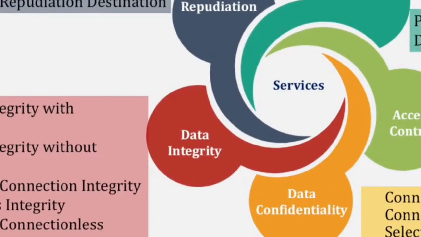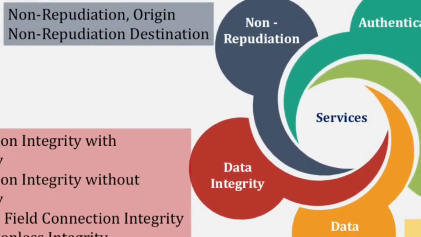Next one is non-repudiation. Non-repudiation means we have to provide the assurance that the sender of information is provided with proof of delivery and the recipient is provided with proof of the sender's identification. We provide this kind of service so that the source or destination cannot deny, saying that this information was not sent by me, or this information was not received by me.